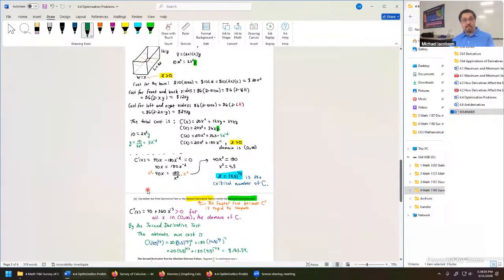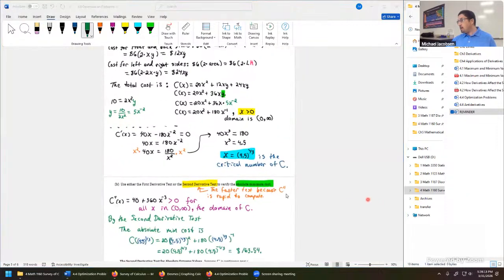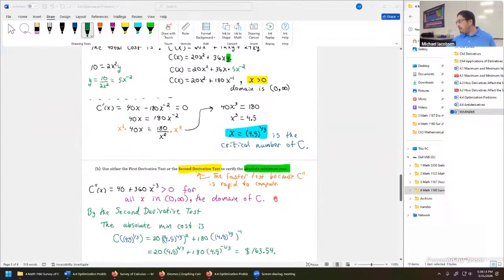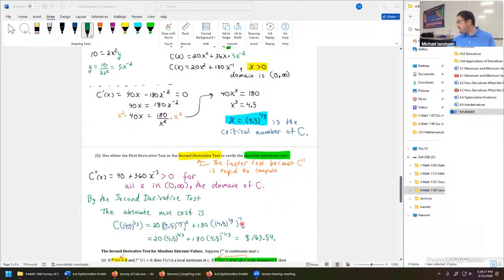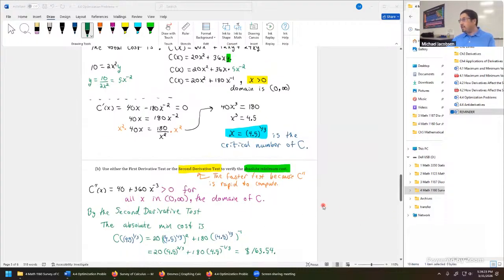Well, any questions at all, folks, getting through this one? Oh, Naomi asks about this step right here, the 1/3 power 2, the 180 power 4.5 1/3. That step right there came from taking this critical number, which was right here.